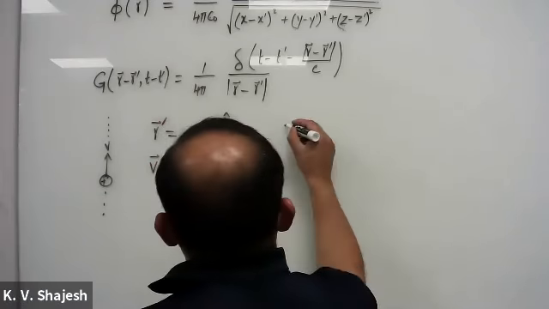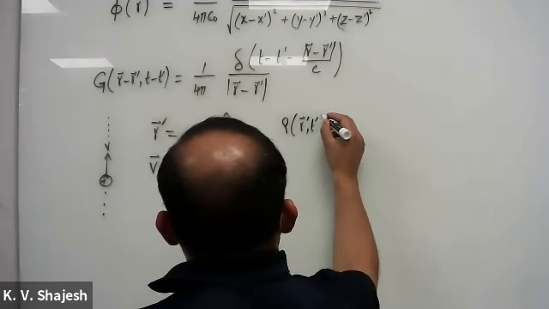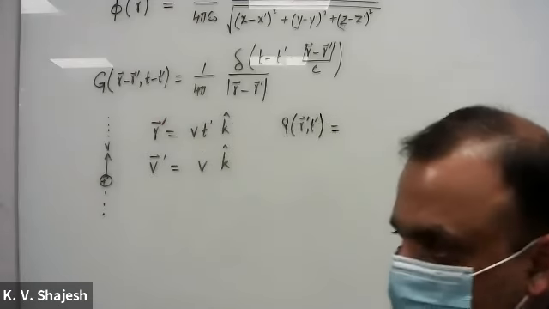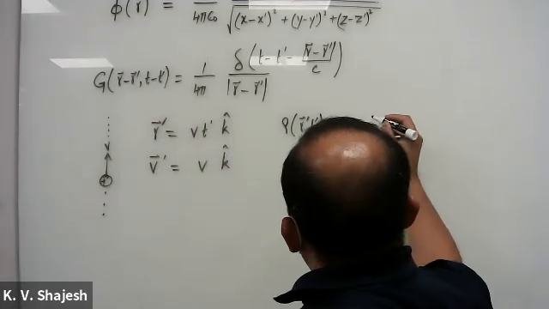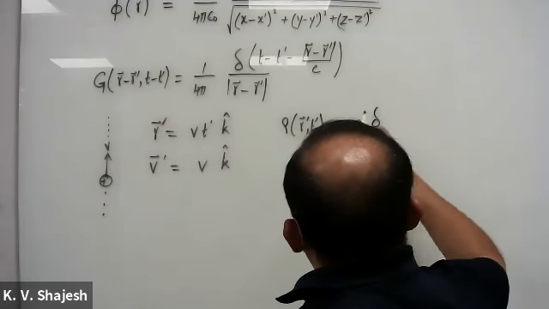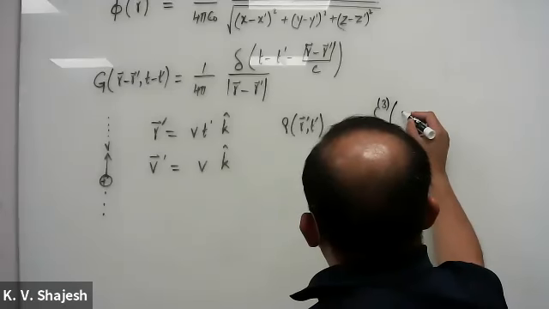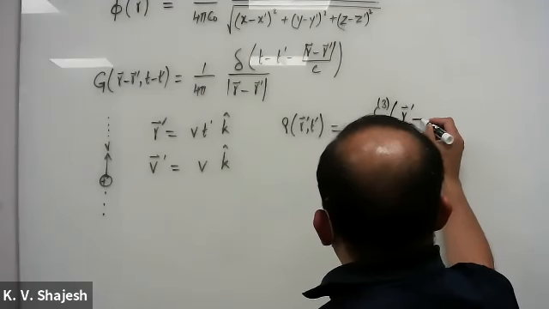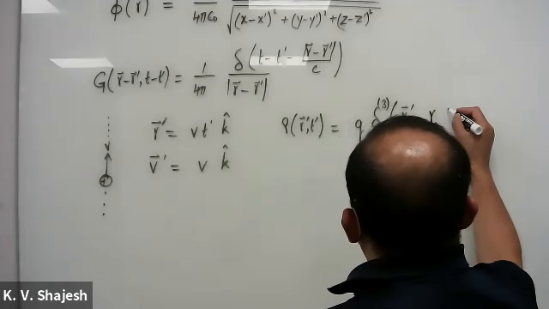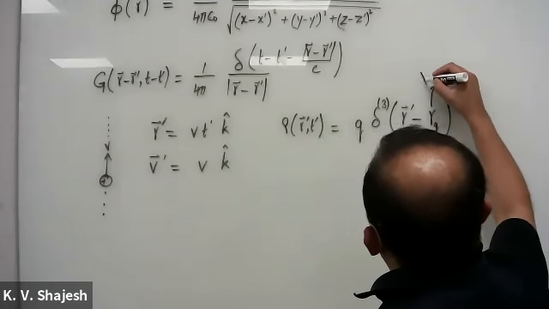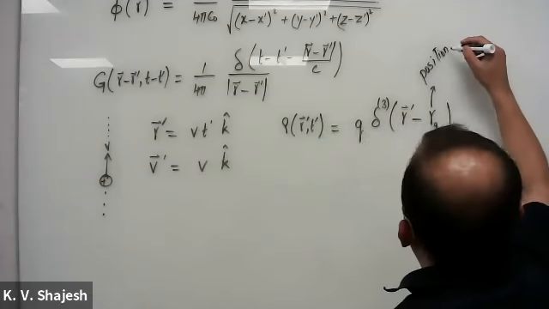What about the charge density as a function of r prime and t prime? That will be equal to q times, typically, just a delta function of r prime minus the position of the charge, right? So this is the position of the charge as a function of time.